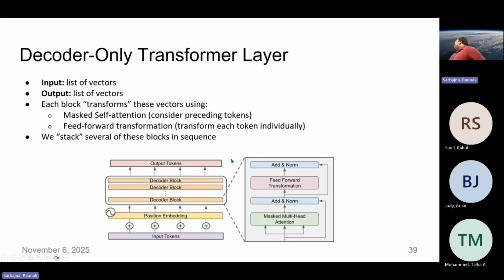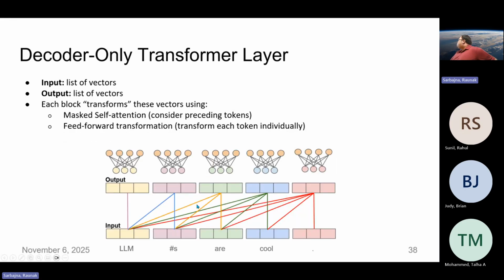These blocks are what we are talking about. Then we do layer normalization and a feed-forward transformation. There are a lot of mechanistic, probabilistic things that happen on top of this. I'm not going into all of them because that's not necessary. What I wanted to show you is that when an LLM, when ChatGPT, generates a single output, it looks at four, five, six different tokens that came before the current output.